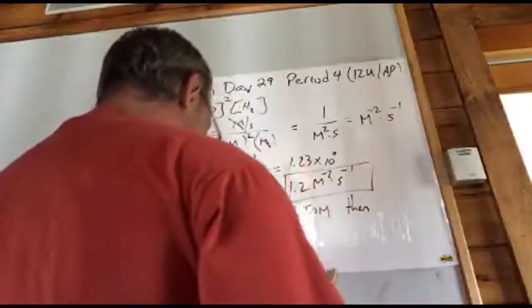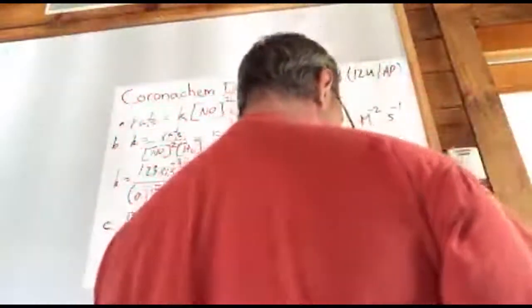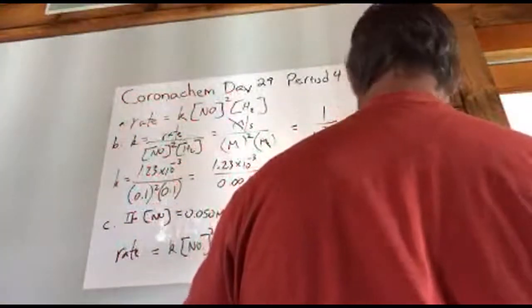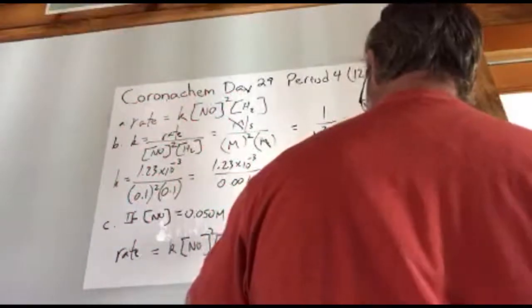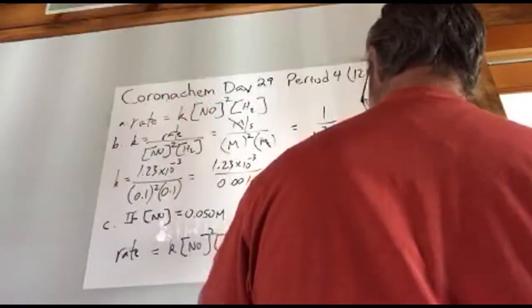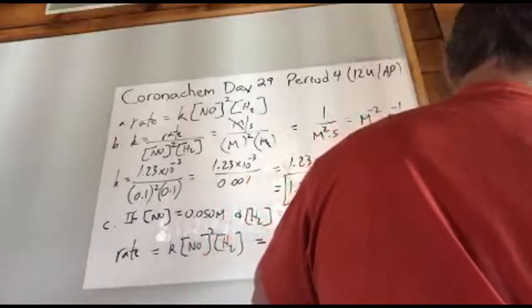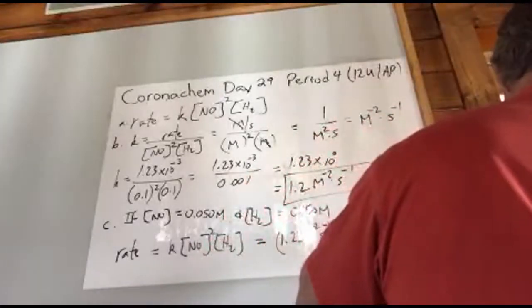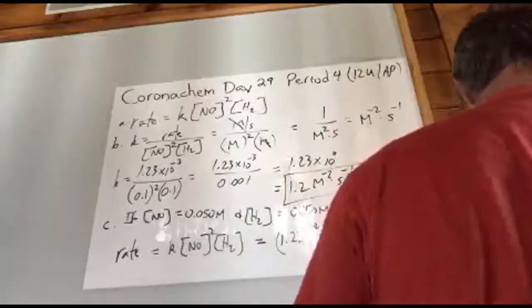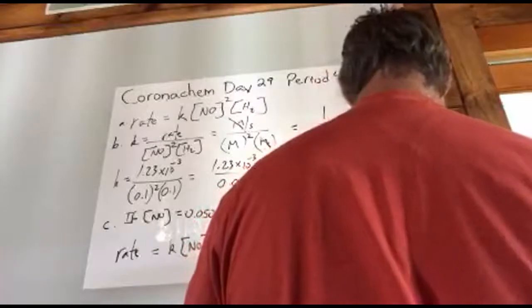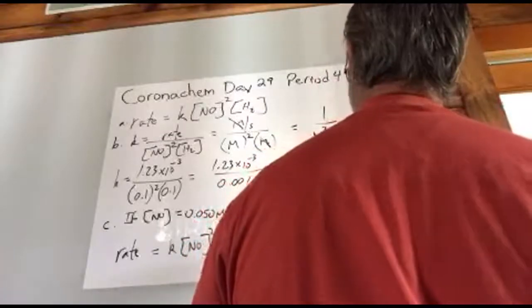Now if we just plug in the numbers, 1.23 molarity to the -2, second to the -1 times 0.050 molar times 0.150 molar. Don't forget to square that part. And you will get 4.6125 in your calculator.